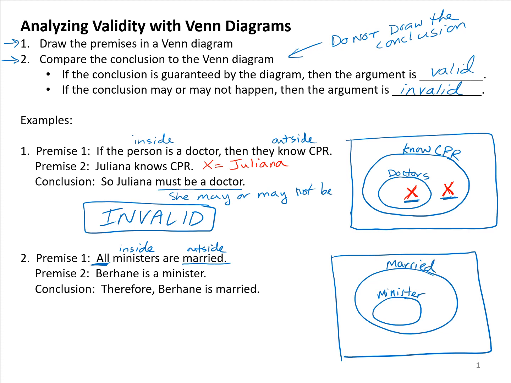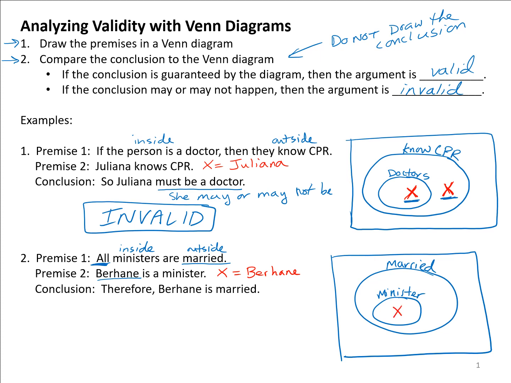Now, Berhane is a very specific person. Instead of writing his name in, I'm just going to go ahead and use an X again. When you're dealing with a specific person or thing, sometimes instead of writing the name into the small Venn diagram, it's easier to use an X. All right, so X for Berhane. Now, Berhane is a minister, so the X should be in the minister circle. The minister circle is all the way on the inside.